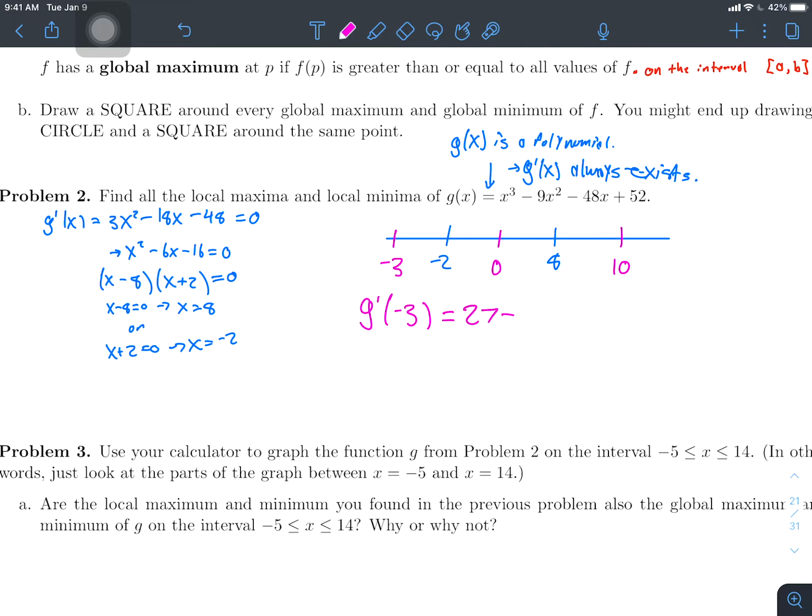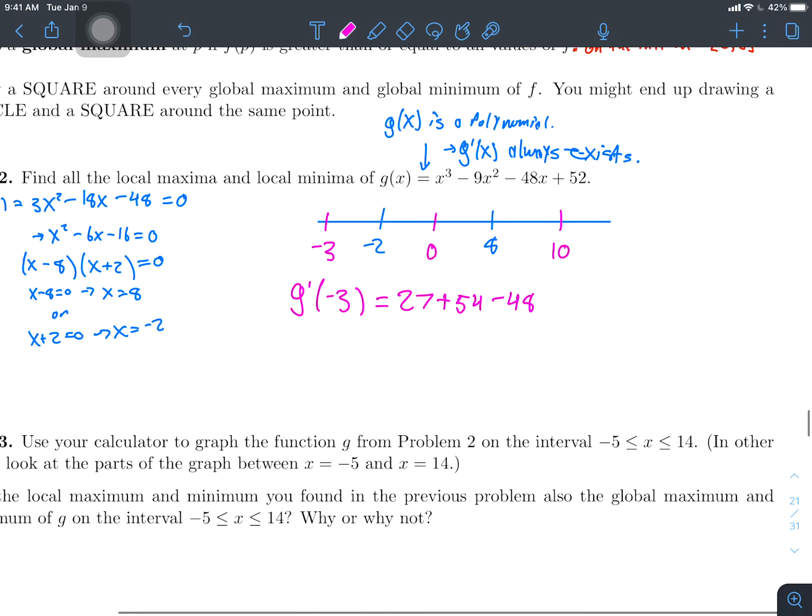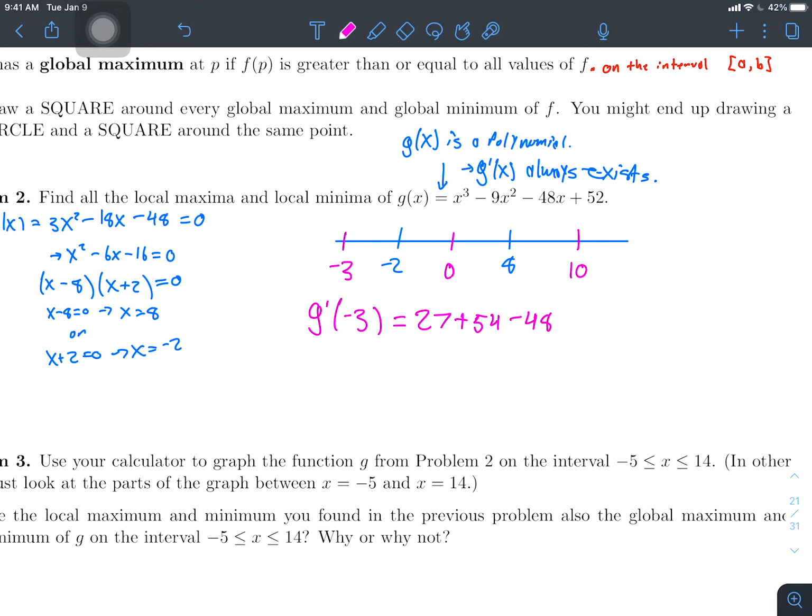Why is my calculator not working? 18 times negative 3 is going to be a plus 54, and then we're going to do minus 48. And what we need to do is check whether this number is positive or negative. Well, this number is clearly positive, since one of them is already bigger than 48, right? So I have derivative is larger than 0 here.